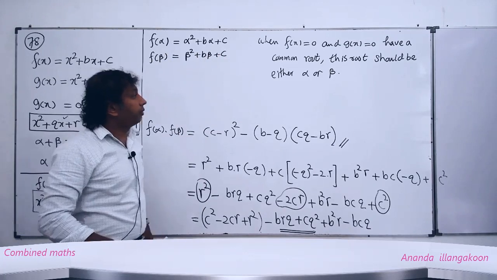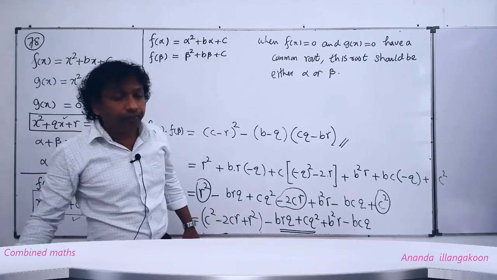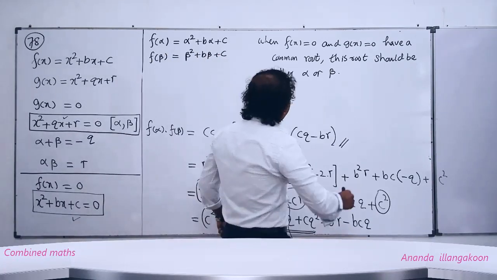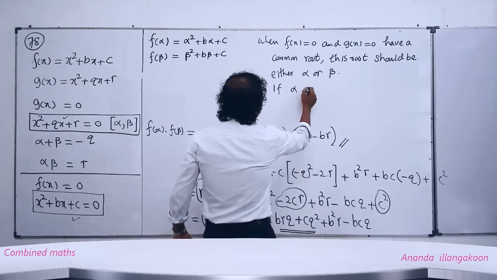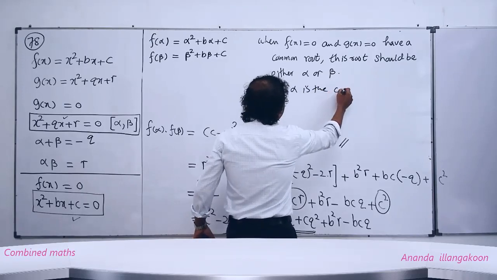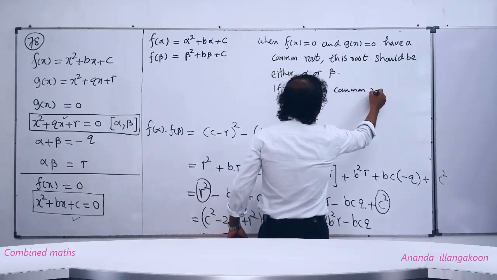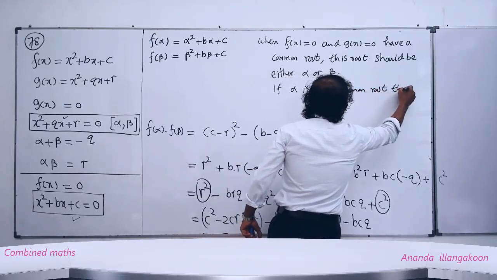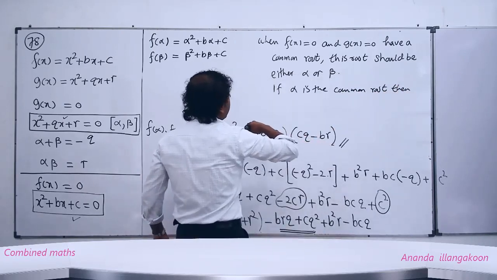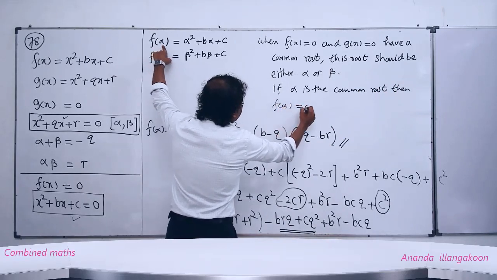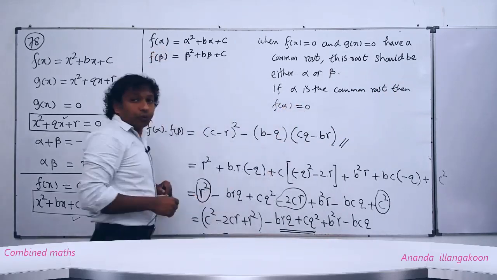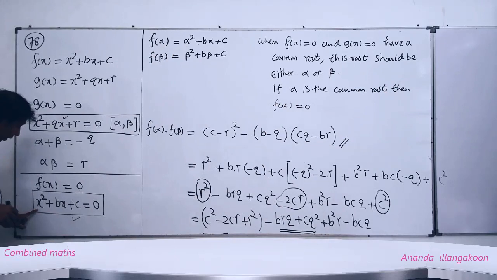Then you can write like this. Write down. If alpha is the common root, then what can we say, people? Alpha becomes 0. Why? Alpha is the common root means alpha should satisfy this equation. Alpha squared plus b alpha plus c equals 0.